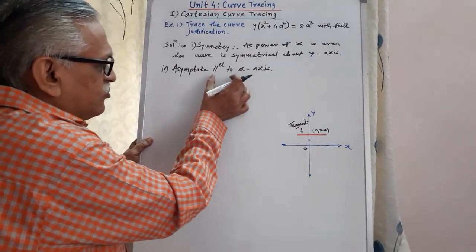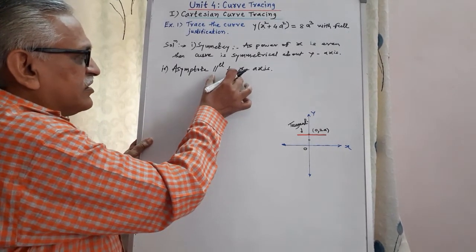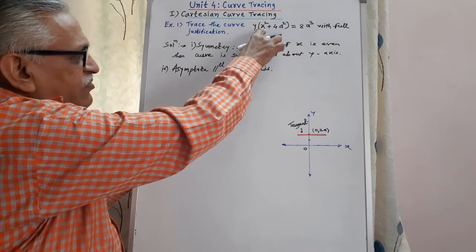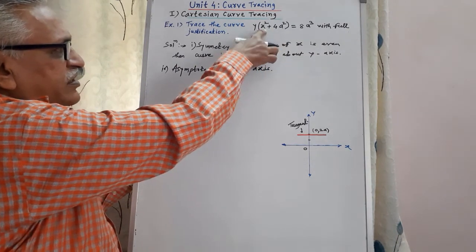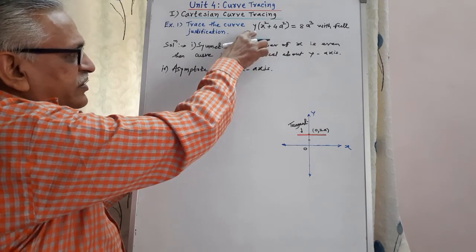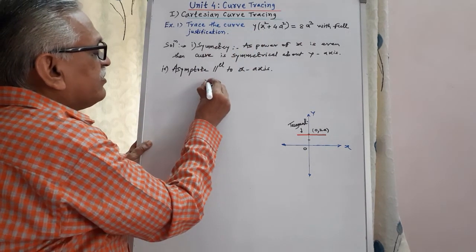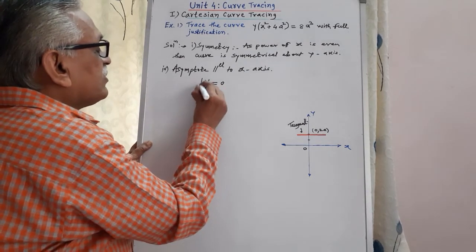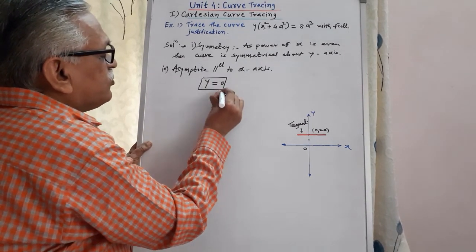To find the asymptote parallel to x-axis, take the highest degree term in x, only one term of x, that is x square. Then its coefficient is y, equate that coefficient to 0. Therefore, y equals 0.